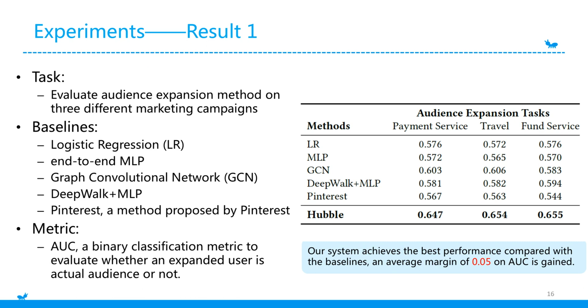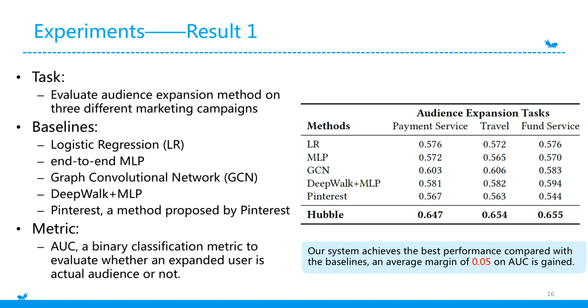In this slide, we analyze the end-to-end performance of the audience expansion task for all comparison methods by treating the actual audience as positive samples and other candidate users as negative. We show the AUC values in the table. Our proposed Hubble system outperforms other audience expansion methods in all 3 tasks.